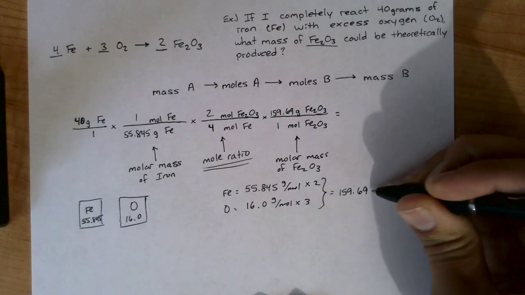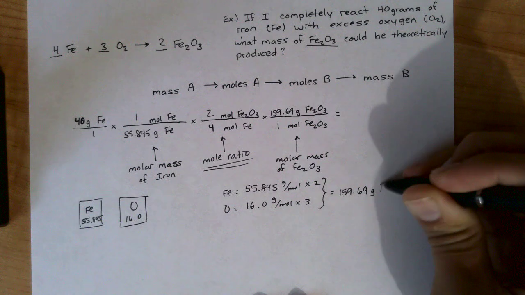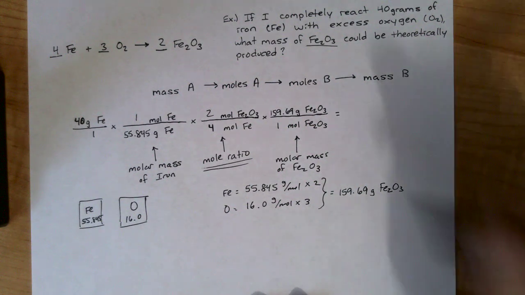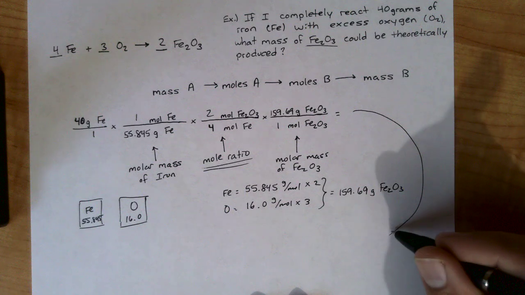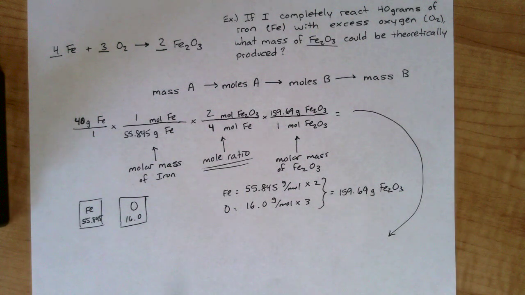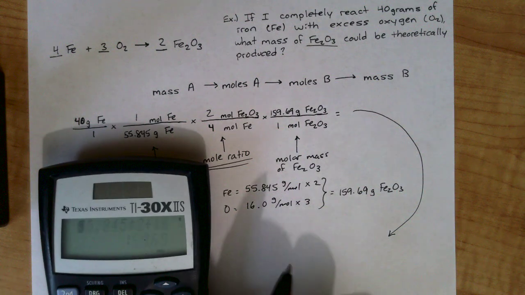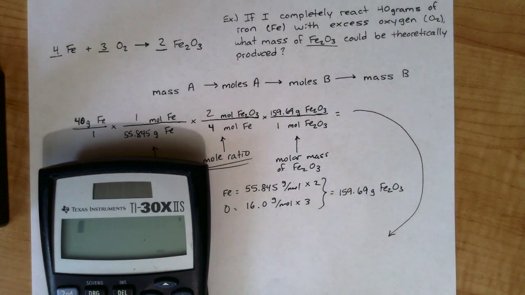Now, just like before, the exact same process is going to happen here. I'm just going to put that down there so we don't lose track of where that came from. I'm actually going to draw an arrow all the way down to here because I'm going to combine this as one big fraction for you, just like we did before, so you can see how all these units are going to cancel out and all the math is going to work. So just like we did before, we're going to multiply all the numbers across the top. What's 40 times 1?